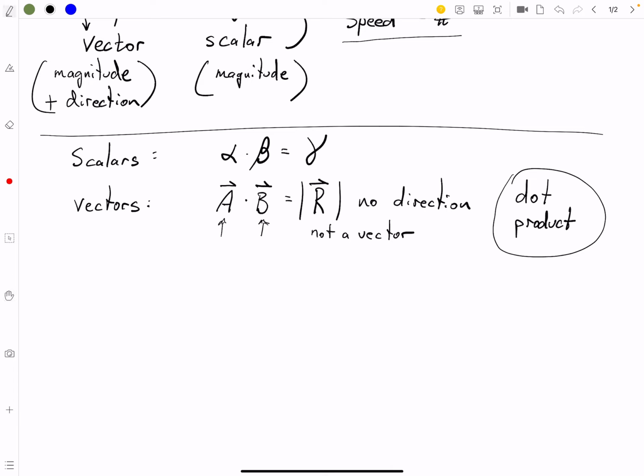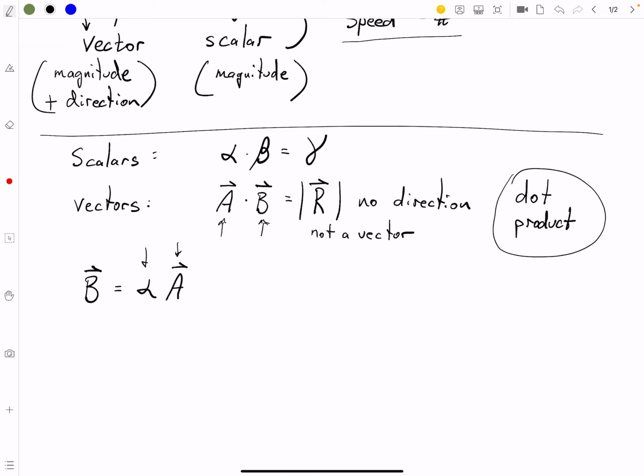We can also take a vector. Let's take our vector b and say that that vector b is equal to a scalar times our vector a. So in this situation, we are multiplying a scalar and a vector. That's our scalar.